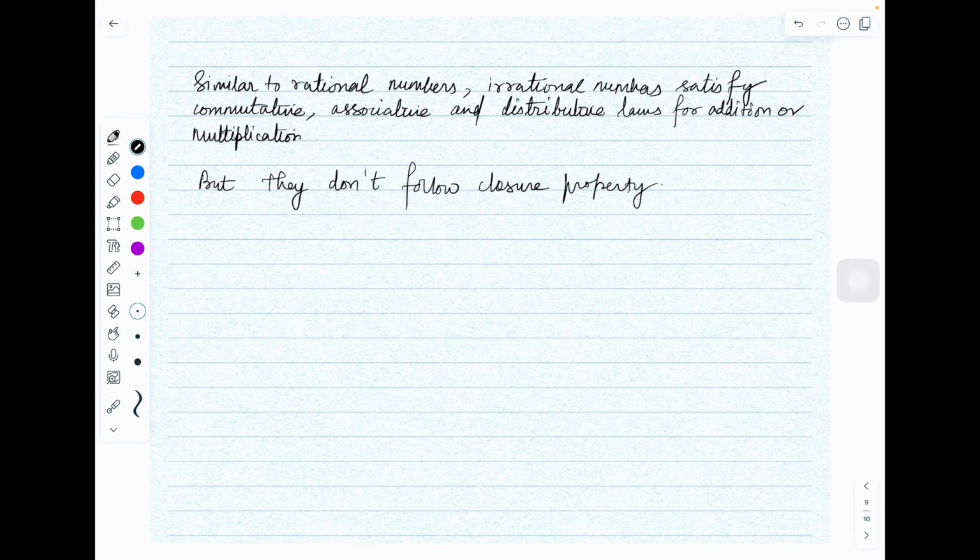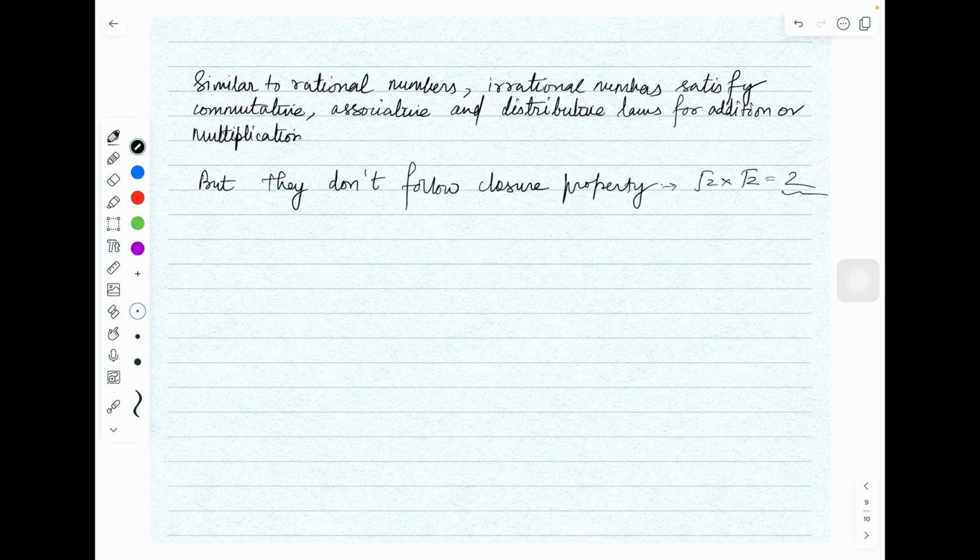Like if you multiply two irrational numbers like root 2 into root 2, we are going to get 2, a rational number. So closure property they do not follow, they follow only these 3 properties: commutative, associative and distributive laws, for addition and multiplication.